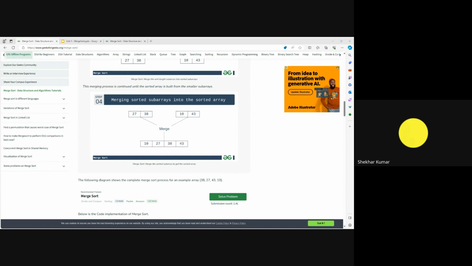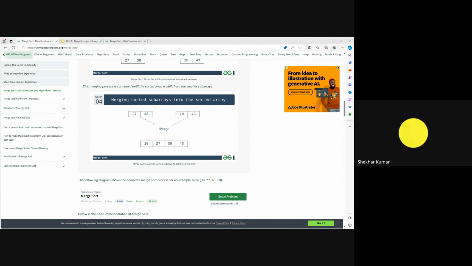And then the last part, the combine part, you have used the merge procedure, a function to merge both the sorted halves into a final sorted array. So this is the complete merge sort and merge procedure to sort a given array, a given linked list, or any elements, whether they are strings or anything. So this is your merge procedure.